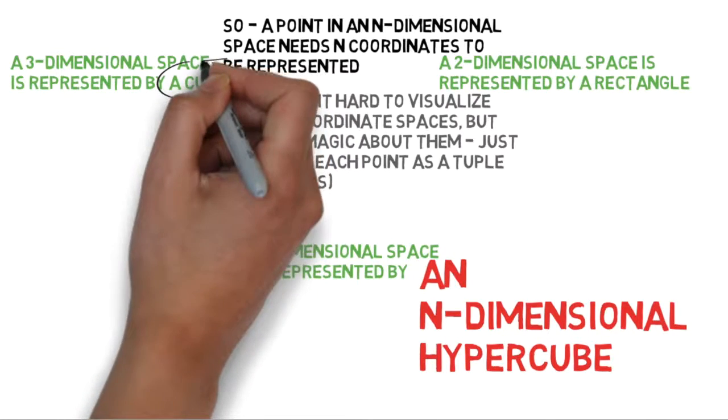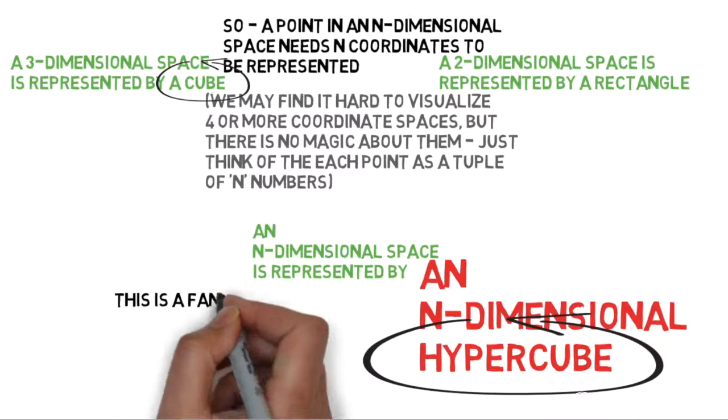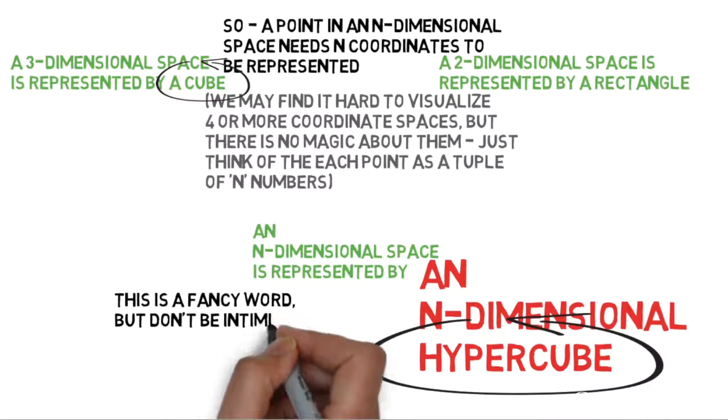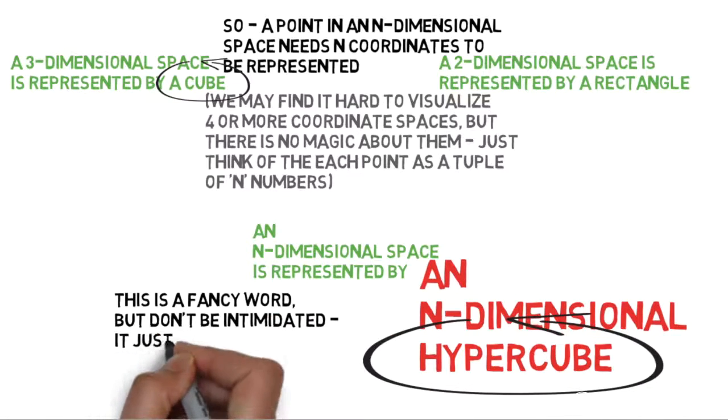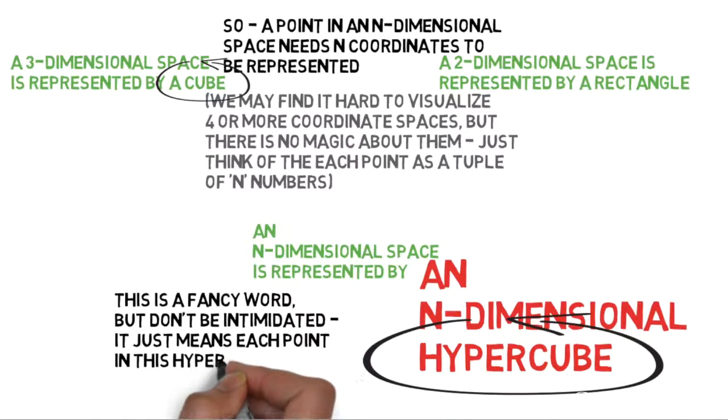Notice the word hypercube, somewhat inspired by the word cube. Don't get intimidated by the word hypercube. It's nothing fancy. It just means that each point in this shape can be represented by a tuple of n numbers. That's all it means.